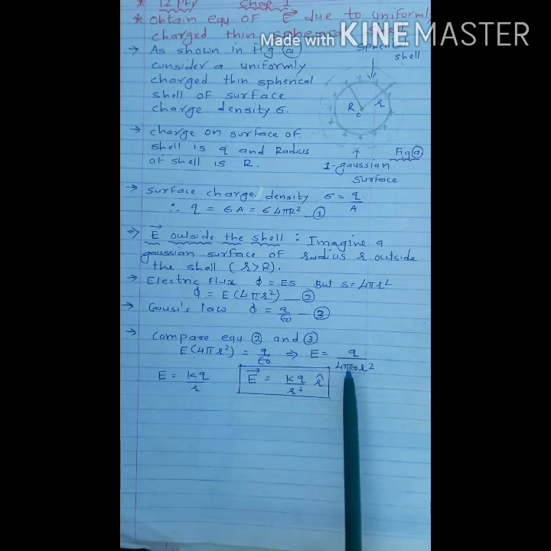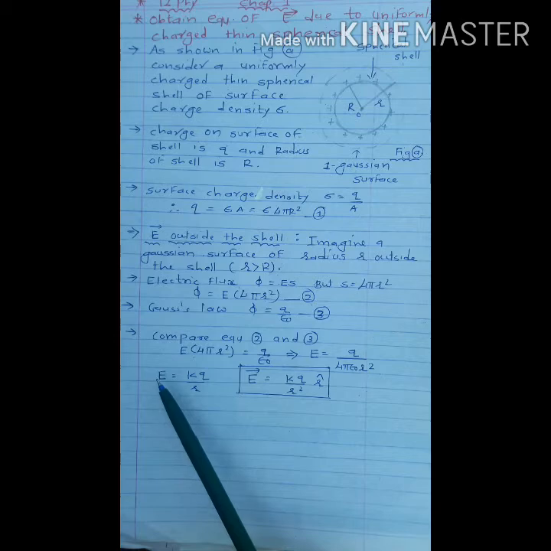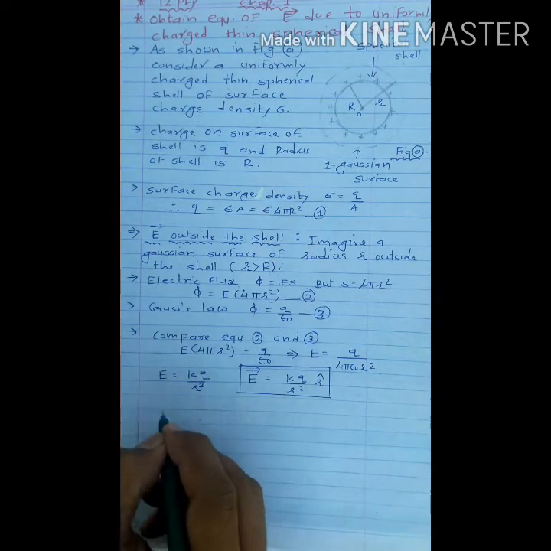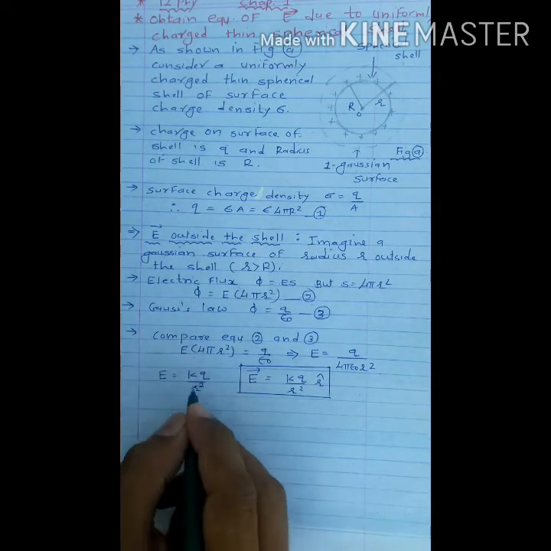Here 1 upon 4 pi epsilon 0 is nothing but K, the Coulomb constant. That's why here we form E is equal to Kq upon r square. This is our scalar form of electric field.